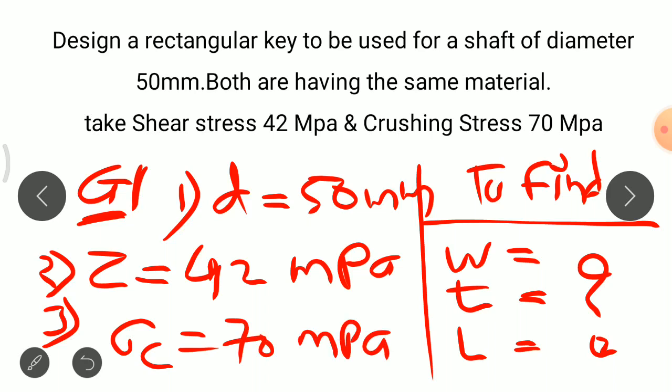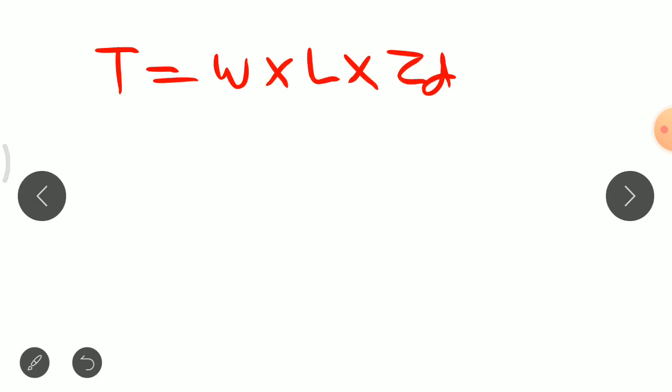Now use both conditions, the direct shear stress condition and the crushing stress condition, which we studied in the last lecture. You can find that video by clicking here. Now we will move to our first step, the design of the key by the direct shear stress condition, and the formula for that is T is equal to W into L into tau D, that is shear stress, into R. Instead of R you can use D by 2 also.